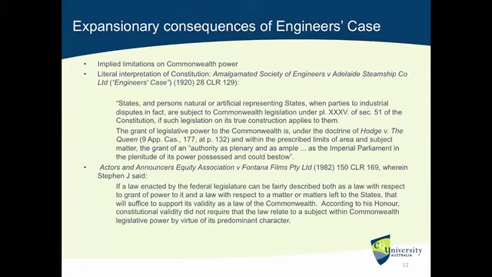For as long as that law is on a subject or field that the Australian Constitution has given it power to legislate on, then following the expansionary consequences of the Engineer's case, it would be permissible for the Australian Commonwealth Parliament to include in that same law provisions that relate to other fields or subjects that would have exclusively belonged to the Australian states.